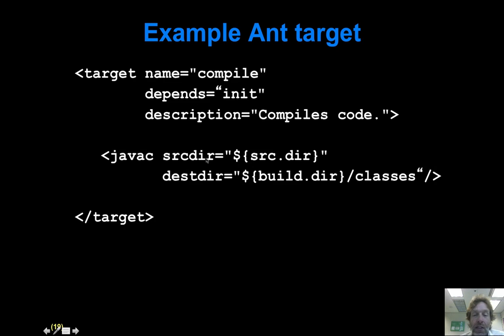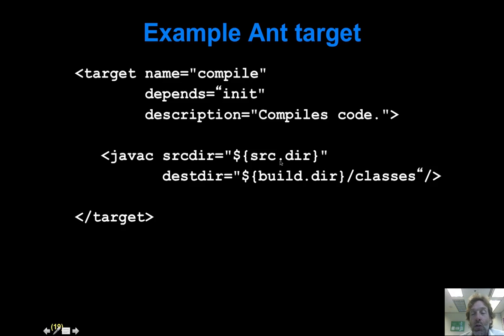And you specify a source directory, using this metasyntactic character here that we can talk about, this $ curly brace, and a destination dir, which also has a little bit of special syntax inside.